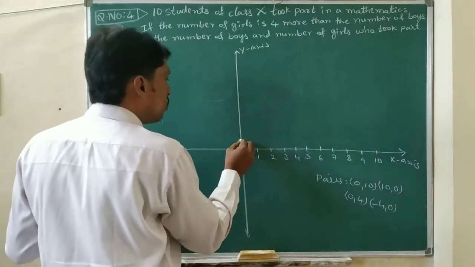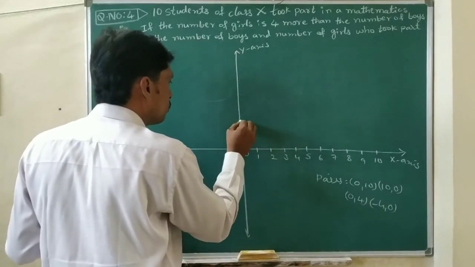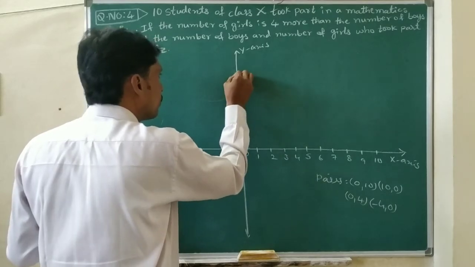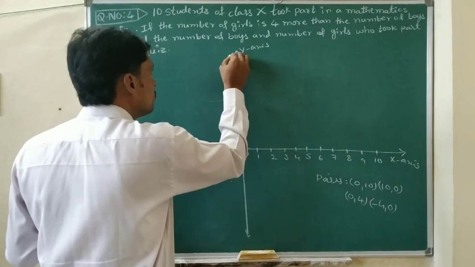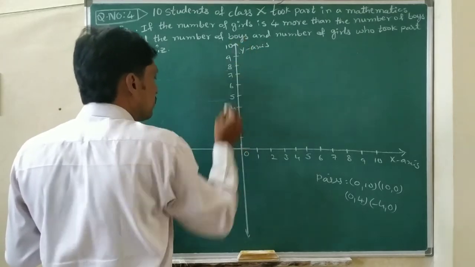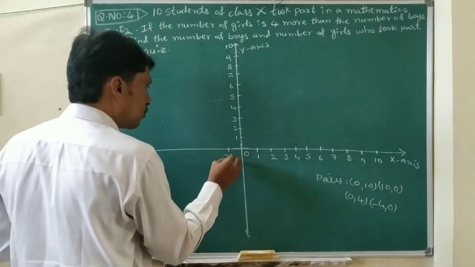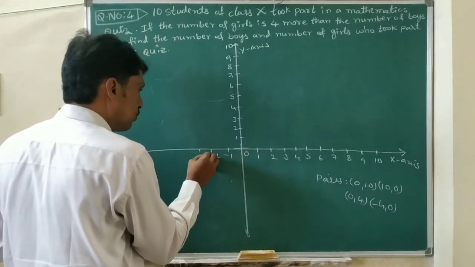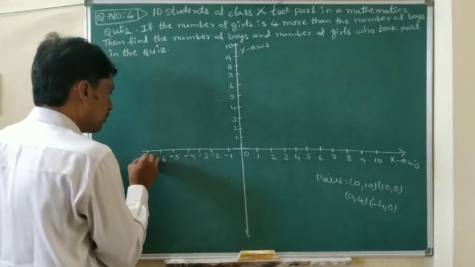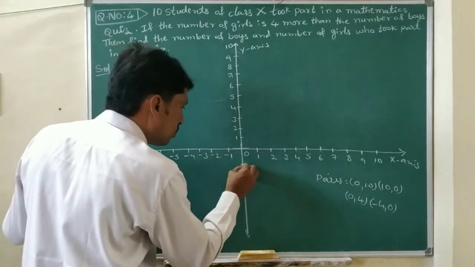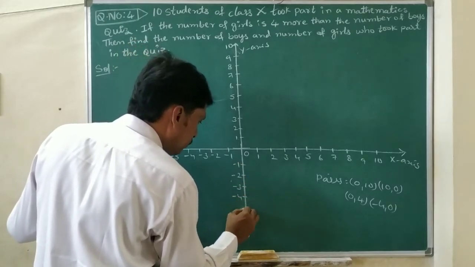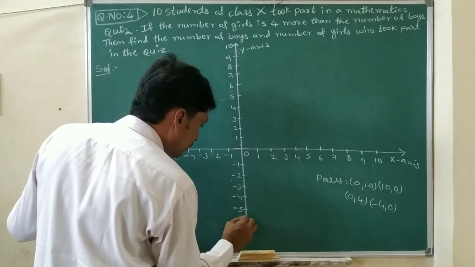Above 0 also 1 to 10. Left side of the 0 are minus values minus 1, minus 2, up to minus 7. Below the 0 also minus 1 to minus 6.